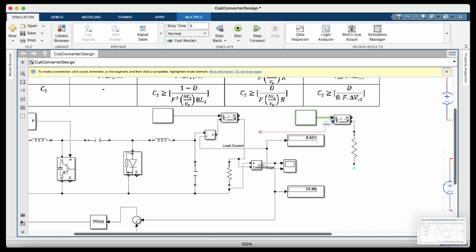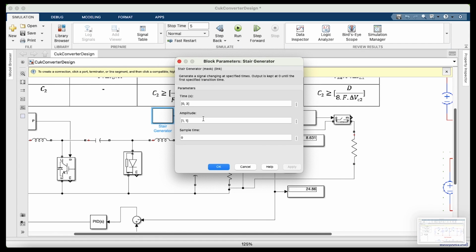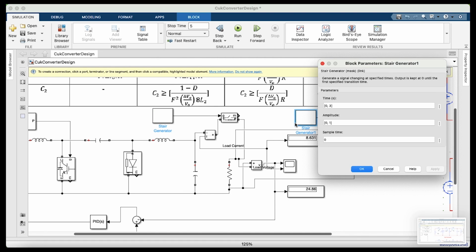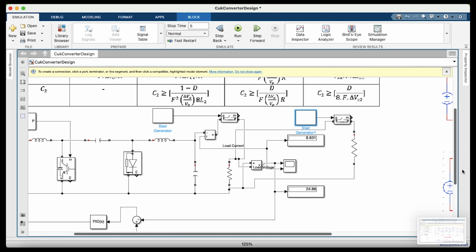This one is connected to this resistance, and this resistance is connected to here. I set the load from 0 to 3, so the amplitude will increase here, and the same voltage will be maintained. So look at the changes in our simulation.